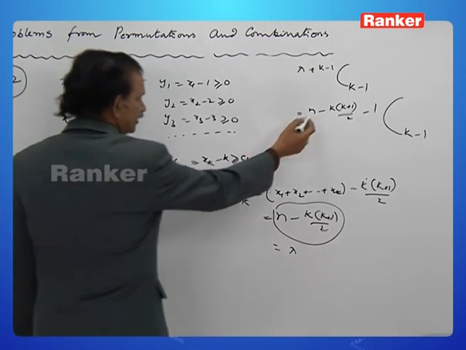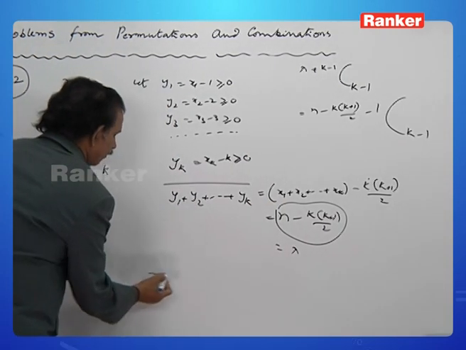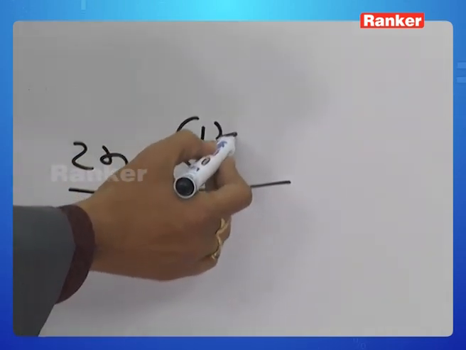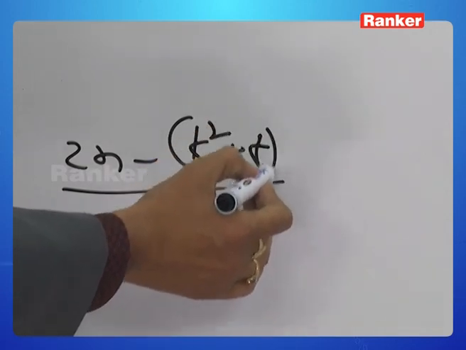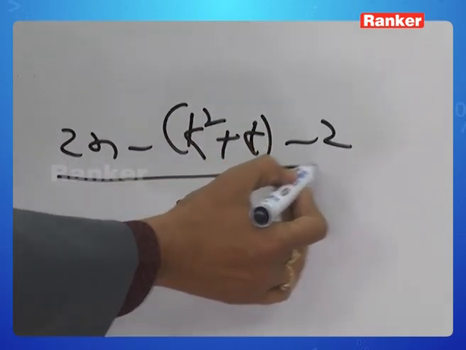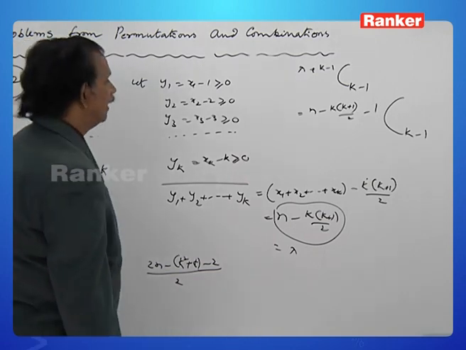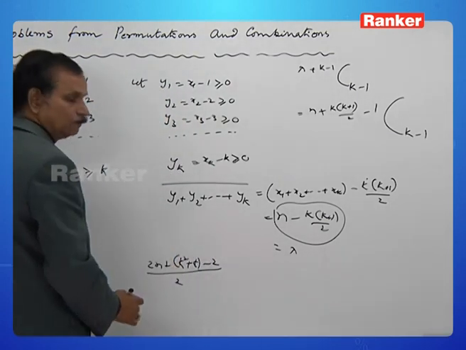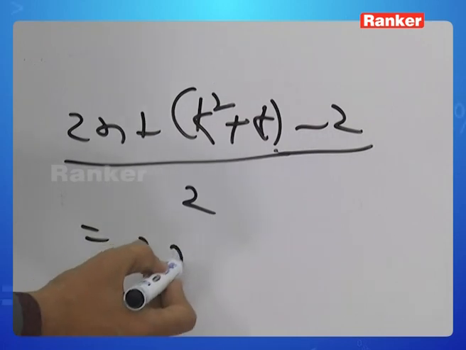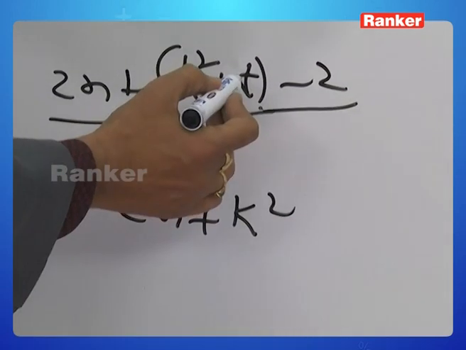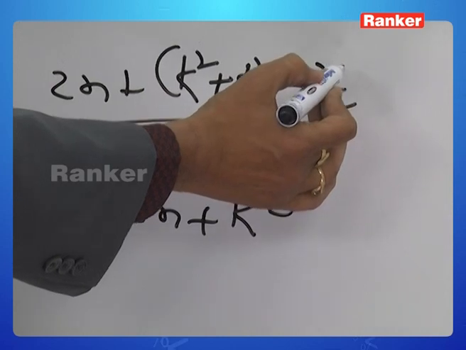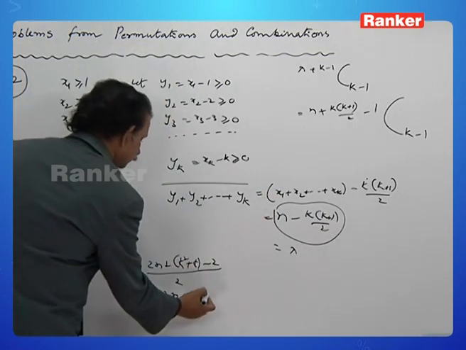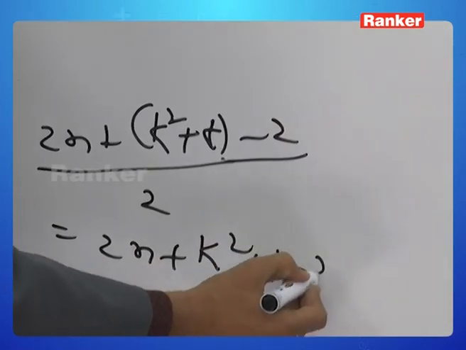Let us calculate this number. What is that? LCM is 2. (2n minus k square plus k minus 2) plus, now this is plus, (2k minus... ) by 2. What is this? 2n minus k square minus k plus 2k minus 2, by 2.